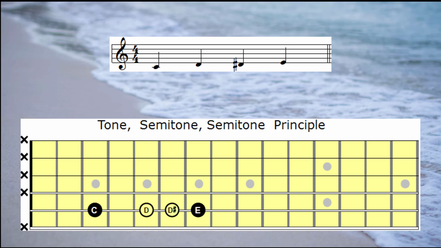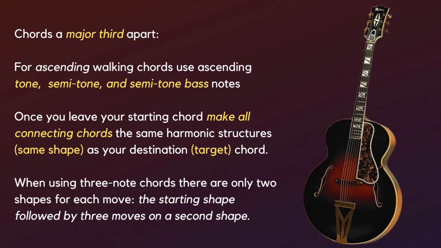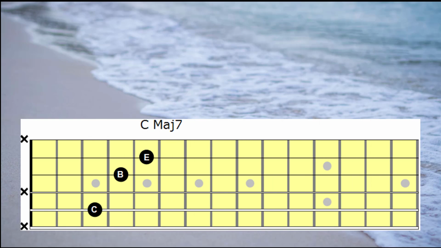Once we've identified the bass notes, the principle for creating the walking chord harmonies is the same process that we just went through before. In other words, once you leave your starting chord, the remaining chords in the sequence are the same as your destination chord. So in this example, we're starting with a C major 7th.